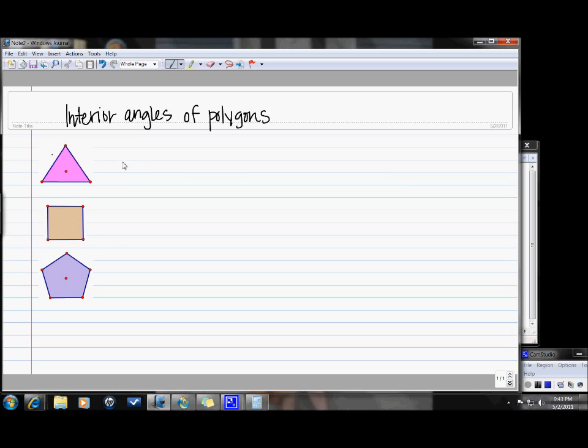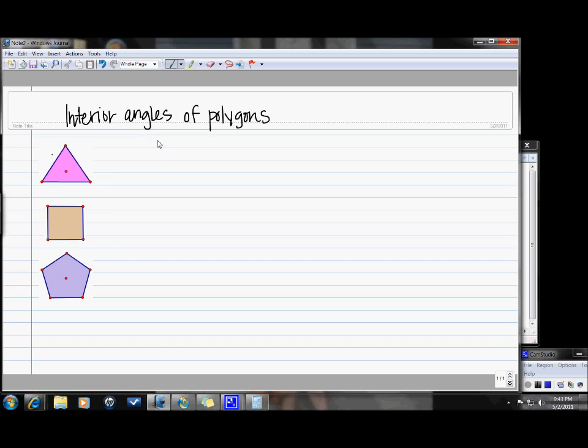So in talking about the interior angles of polygons, I just want to discuss a couple of things that we can discover from what we already know about triangles. And in this situation, I've got a triangle, a square, and a pentagon, and we're going to fill out some table information and see if we can figure out a formula to derive the sum of all of the interior angles of any polygon. So we've got a triangle here.